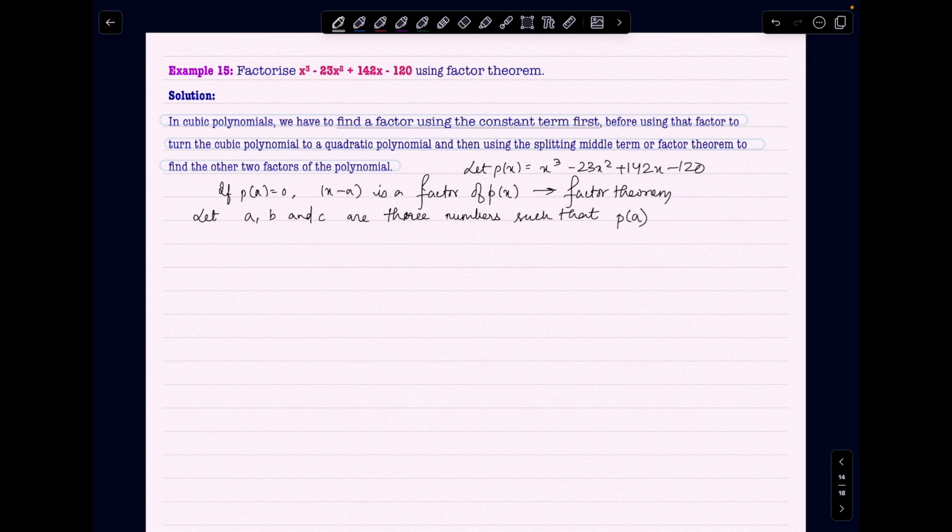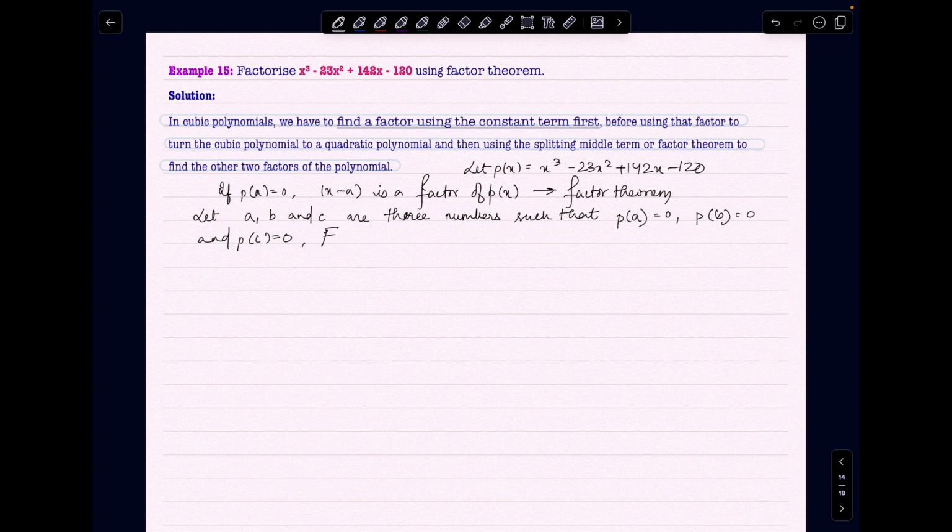So I'm taking three numbers A, B and C such that P of A equals 0, P of B equals 0, and P of C equals 0. I'm taking such three numbers.